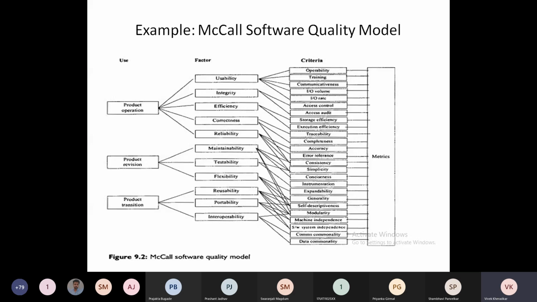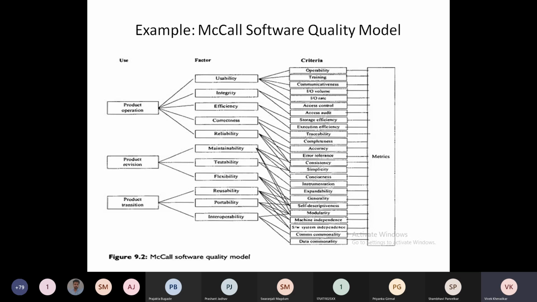The factors are usability, integrity, efficiency, reliability, flexibility, and portability. So these are the key factors on which your quality depends. And these key factors obviously are not directly measured. That's why they are again decomposed into a further level, and those are called quality criteria. So these are the quality criteria on which the factors depend.